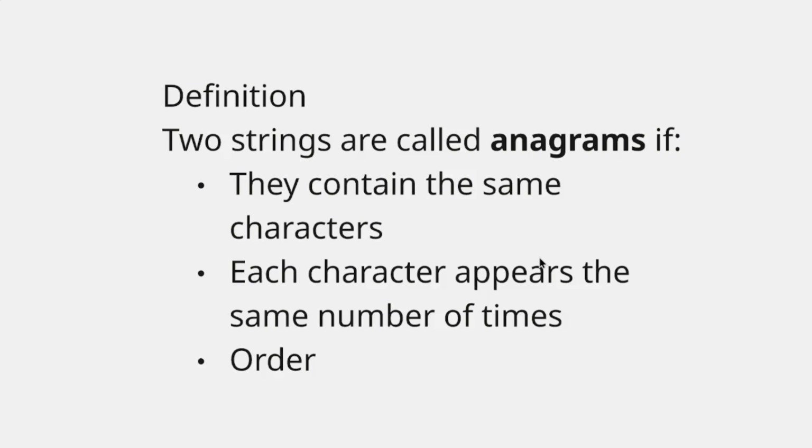If a character A appears two times in the first string, in the second string also the character A should appear two times. That is our condition here. And the order does not matter, it can be in any order.